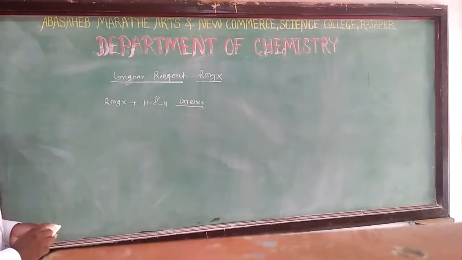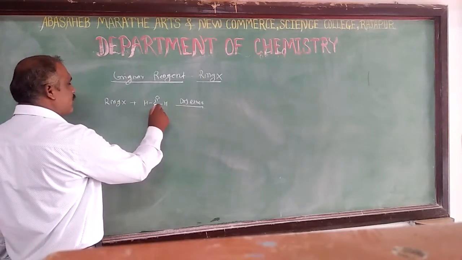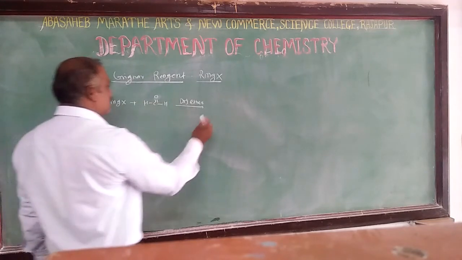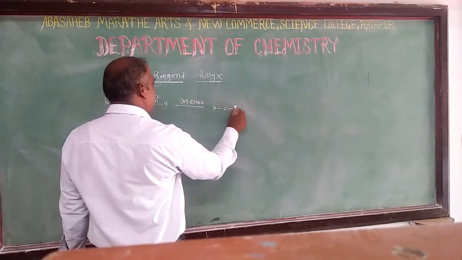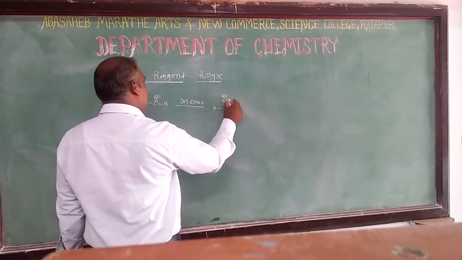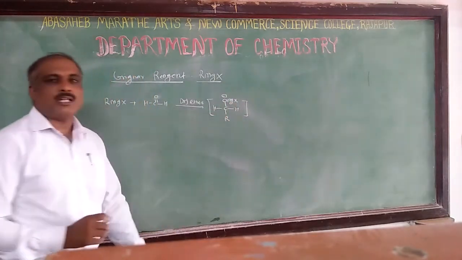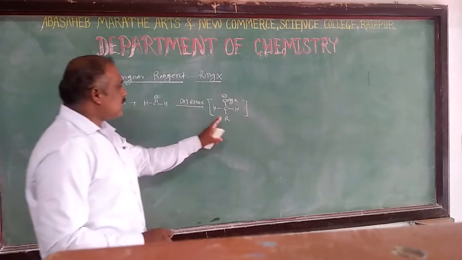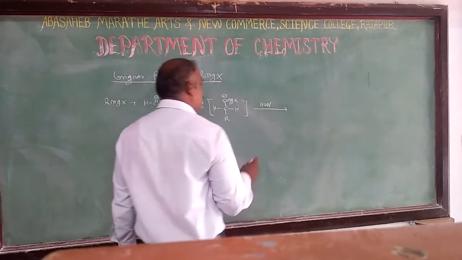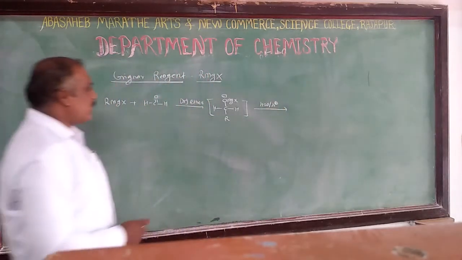Here we have the general reaction. This R attacks the carbonyl carbon and forms a negative charge on the oxygen, giving H, R, H, O minus MgX as the intermediate. Then we hydrolyse this intermediate with water, acid hydrolysis, to get the corresponding alcohol.